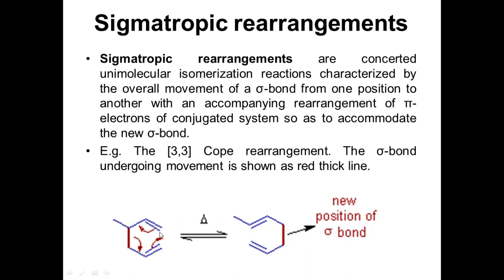An example is the 3,3 Cope reaction, where the sigma bond undergoes movement, shown by the red thick line. The sigma bond moves from one position to another, and this is the new position of the sigma bond.